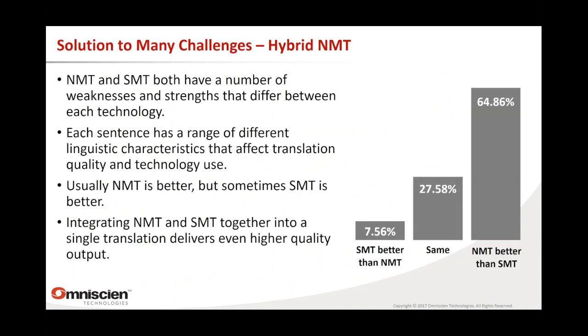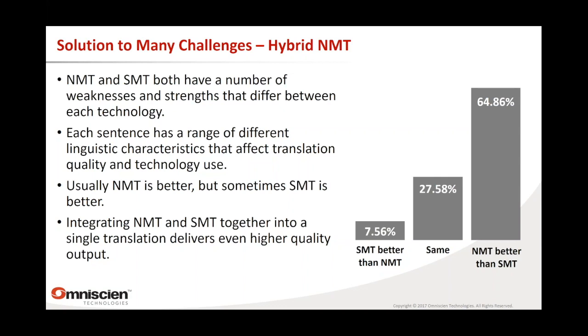So we looked at that as part of the Omniscien team as a group, and Philip and myself and the other team members came up with what we call hybrid NMT. This is a combination of neural and statistical machine translation, and both approaches have strengths and weaknesses. So what we found was that using both approaches, we were able to overcome many of the weaknesses of the two of them.